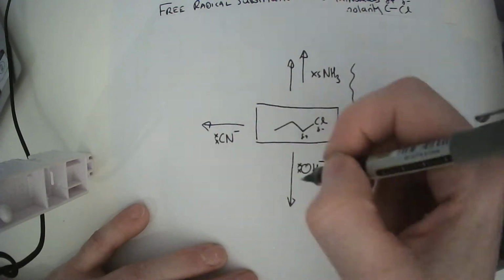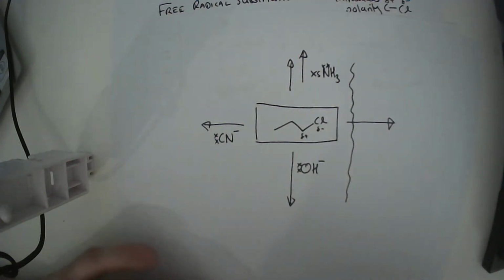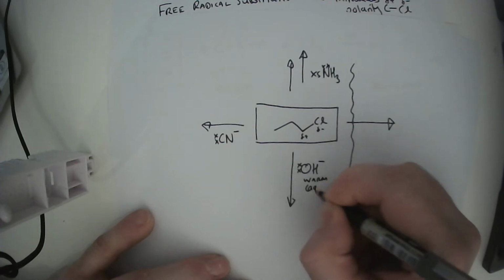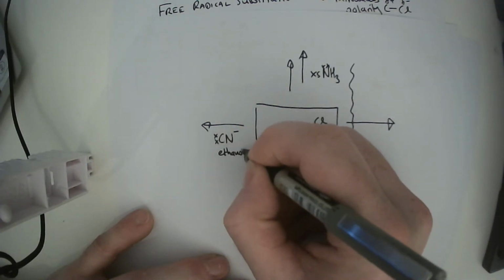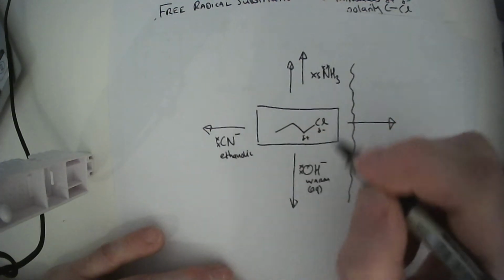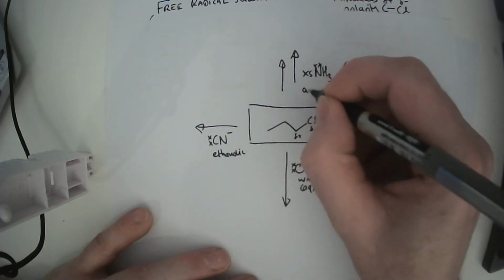That's got a lone pair on the carbon, that's got a lone pair on the oxygen, that's got a lone pair on the nitrogen. No room, I'll just draw it up there. This is done under warm aqueous conditions. This is done ethanolic. That just means dissolved in ethanol. Don't write ethanoic, that's not correct. Ethanolic. And this is done typically ethanolic as well.